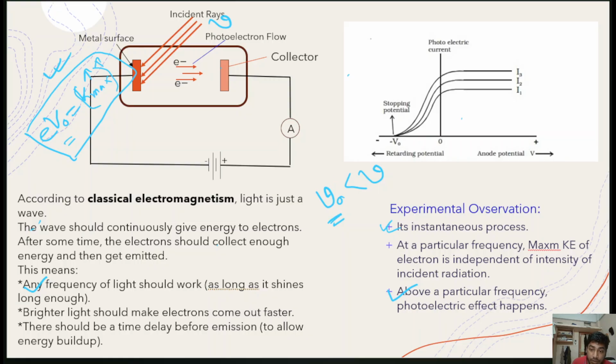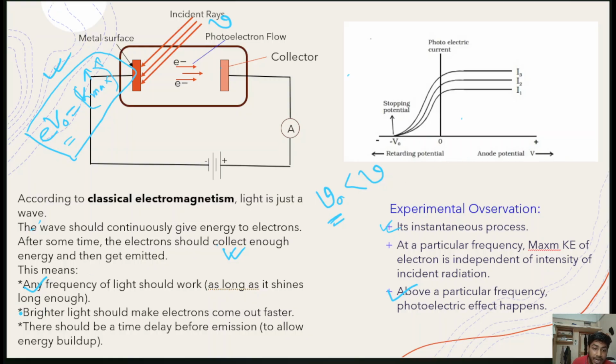Above the frequency nu naught, the photoelectric effect will happen. Below that frequency, it will not happen. So these two things are not explained by the classical theory, yet they are observed experimentally.